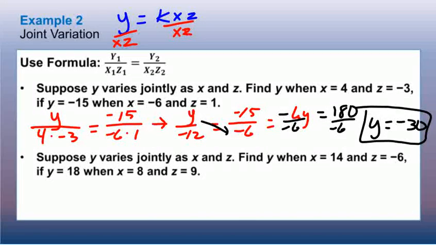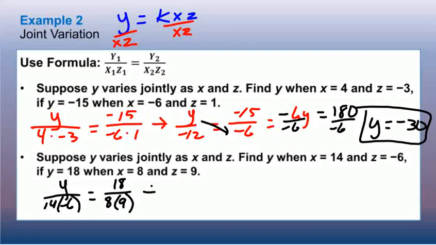And the other one, find y when x is 14 and z is -6, if y is 18, x is 8, and z is 9. So rewrite this. This would be y over 14 times -6, which is -84, equals 18 all over 72.